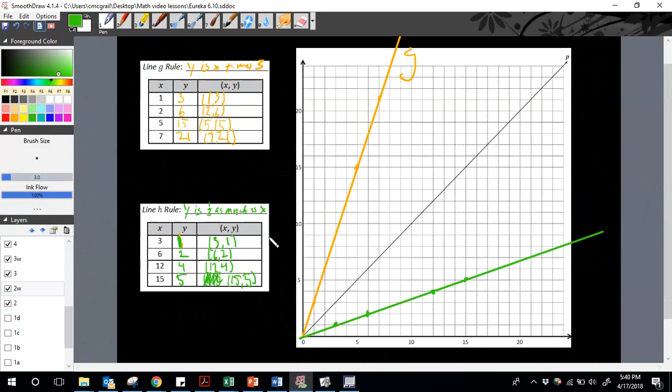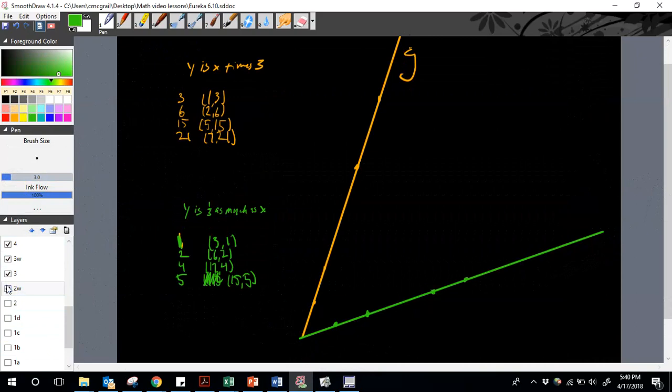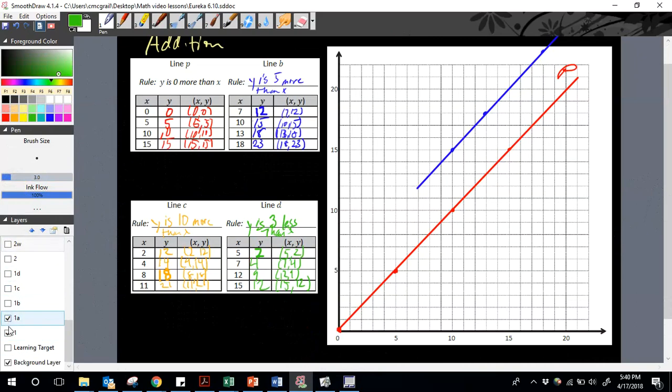I'm going to go back to problem number 1. I'm noticing that on the other side of our paper, we actually have all lines that go in the same direction, and these lines just shift up and down, and they're parallel.